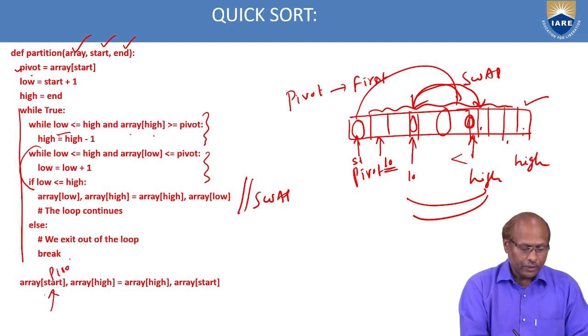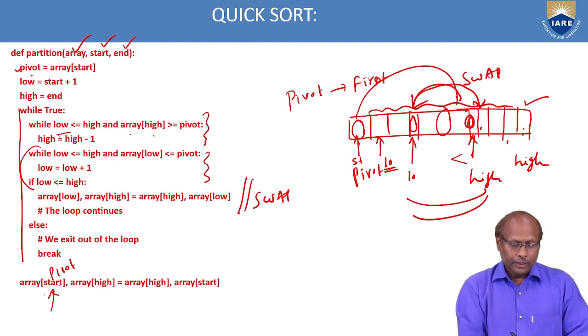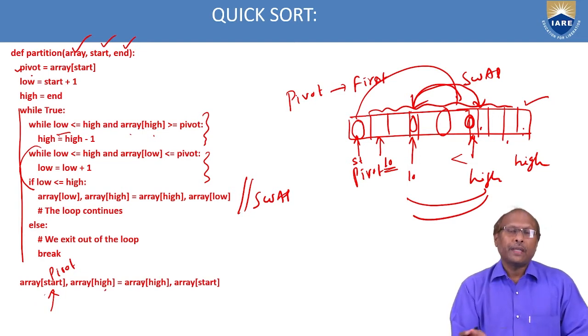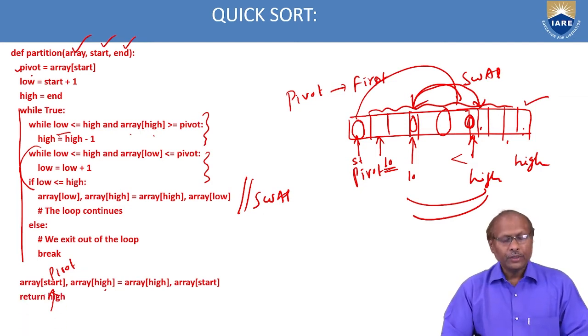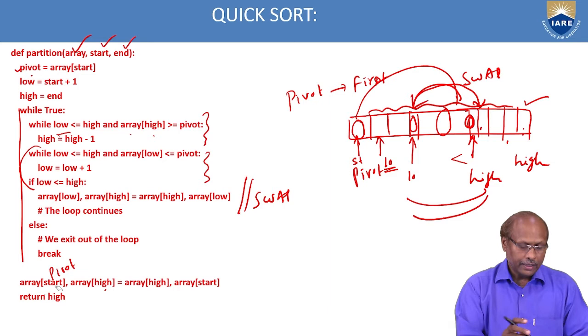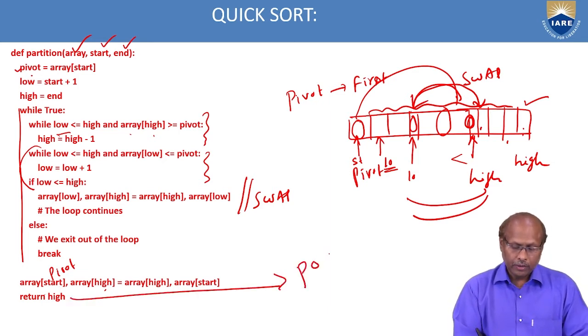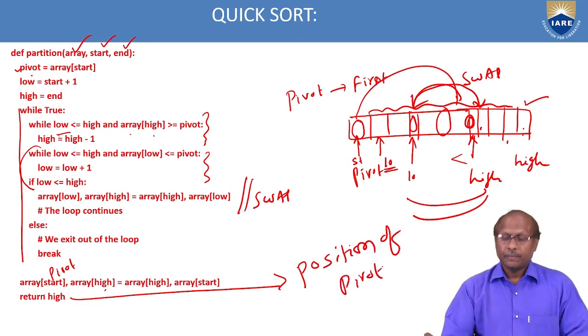This pivot is now swapped with the high location. So automatically your partition is now ready. So this high gives me the position of the pivot. This is the position of the pivot. Okay.